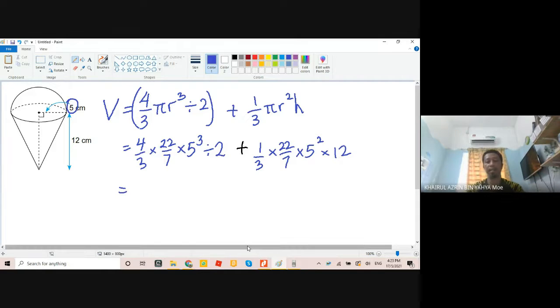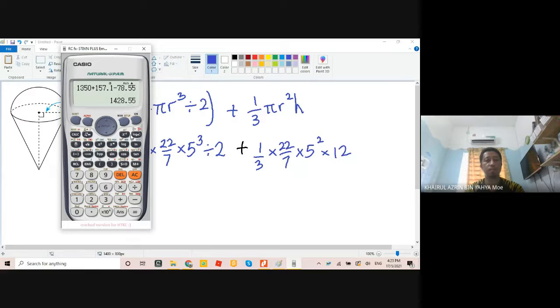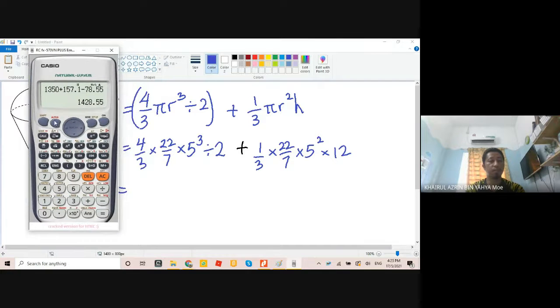Okay, so now we find the answer. We take out our calculator. 4/3 times the fraction 22/7, times 5 cube, shift cube, divide by 2. I want the answer in decimal.